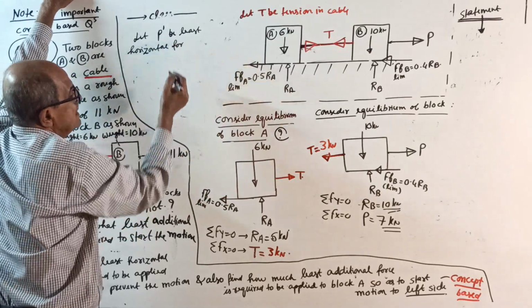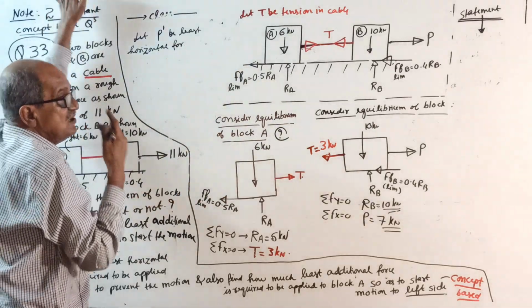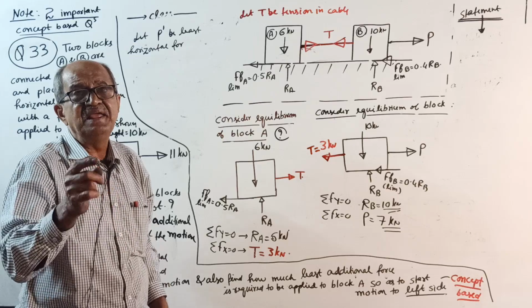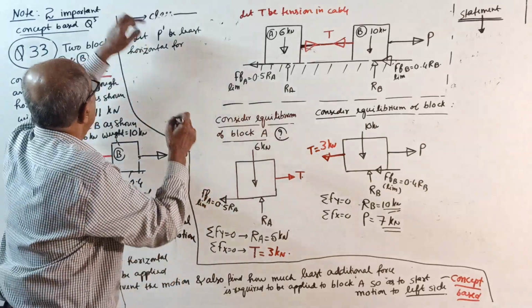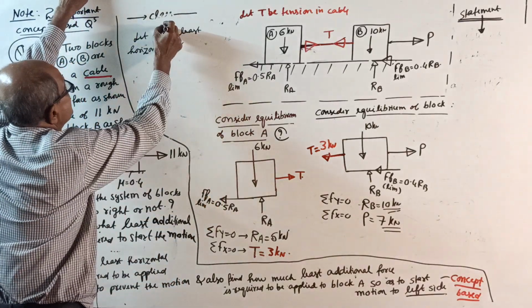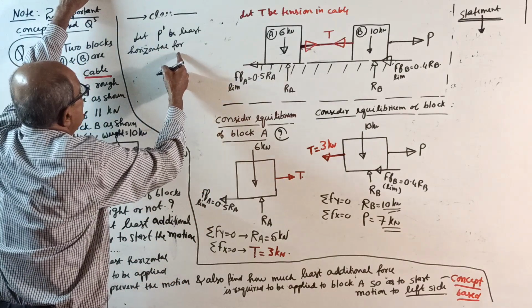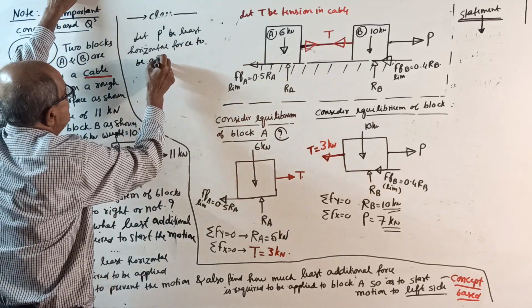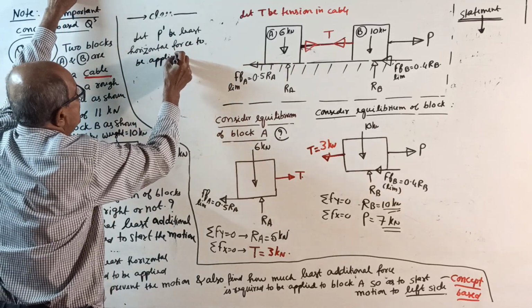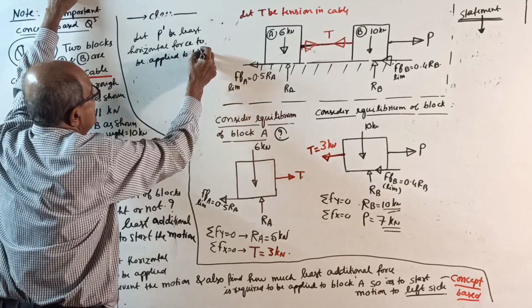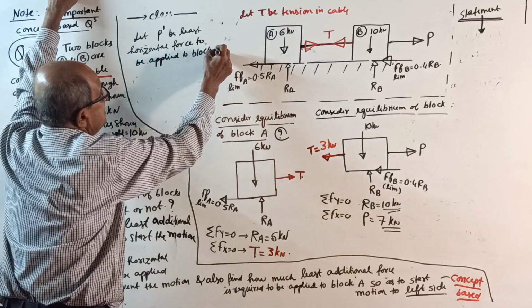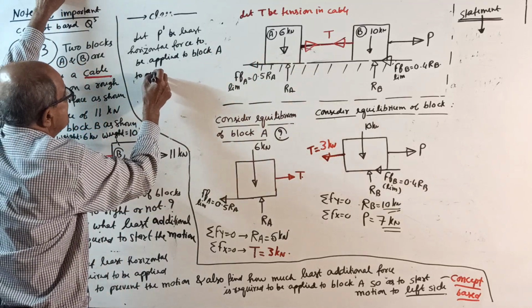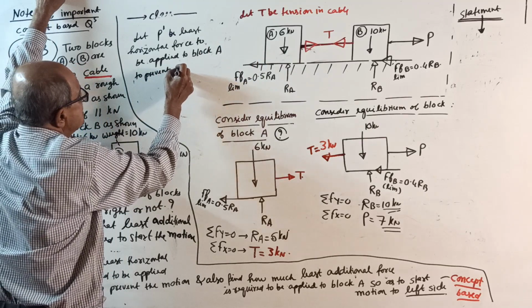It is simple. By just looking, I can tell the answer. But we will solve systematically, because if an incline is given, you have to solve. Let P dash be the least horizontal force to be applied to block A, not block B, block A, to prevent the motion.